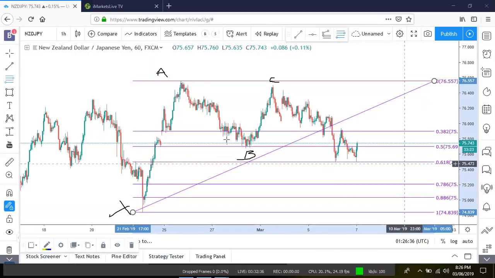Being that all patterns won't be pretty and perfect, is there a minimum and a maximum range of retracement? Yeah, for each pattern, it's a different level of retracement that you have to pay attention to. So for the bat pattern, what we're going over right now, the reason why I know it's a bat pattern is because that B leg that you see on my screen touched the 50% retracement.